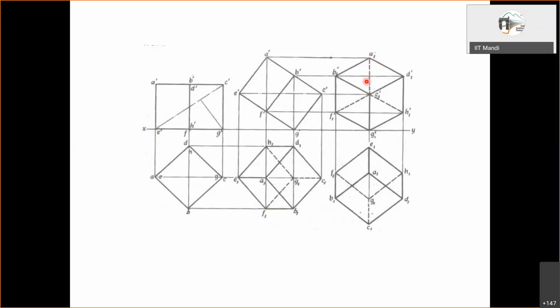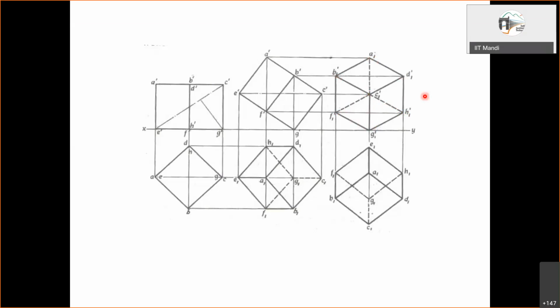So A, E, F, B is hidden, and likewise A, D, H, E is also hidden, and this bottom one, E, F, G, H, is also hidden. So three faces are visible to us and three faces are hidden.